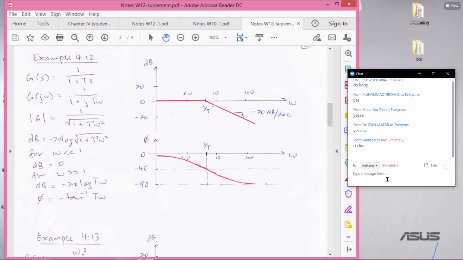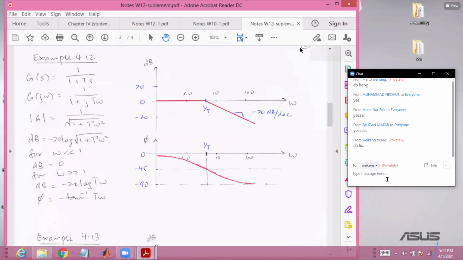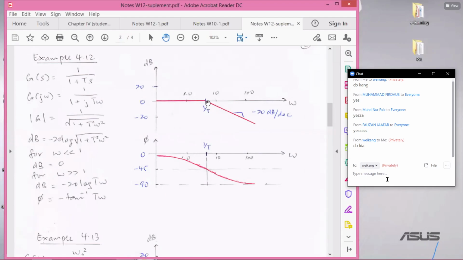And then it's going to drop by negative 20 decibel per decade when you reach the break frequency, which is 1 over t. When omega equals 1 over t, t multiplied by 1 over t is going to be 1, so basically we just approximate the whole thing as 1. So you have two straight lines: 0 for small frequency, and then it drops at 20 decibel per decade when you reach this break frequency 1 over t.